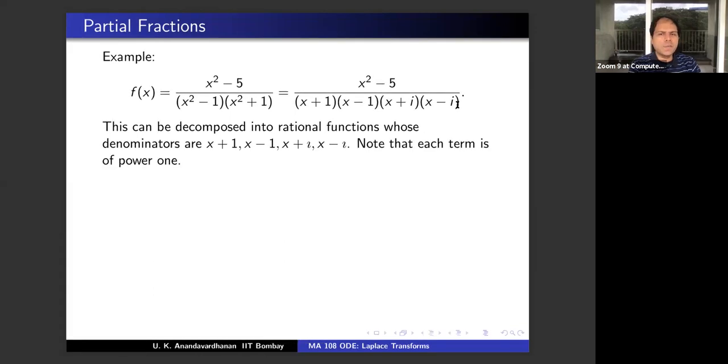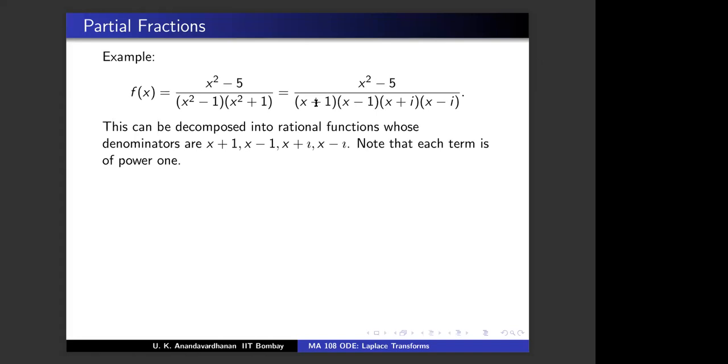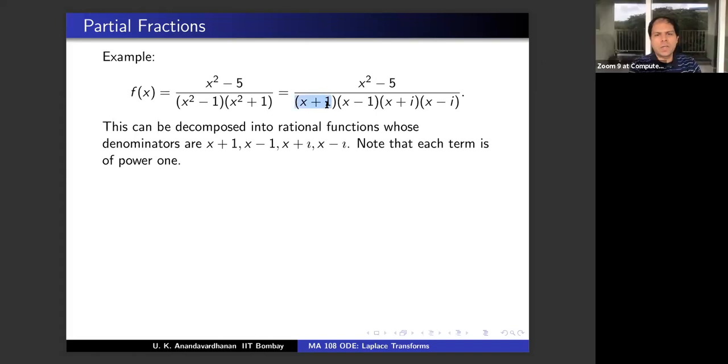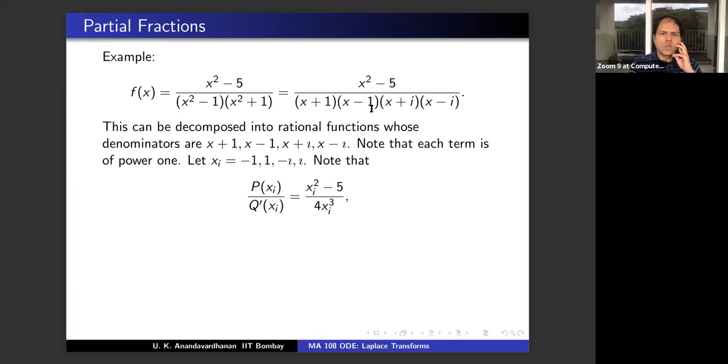Because each term has power 1, this is what I meant by simple root. x plus 1 is a simple root. It's not repeating. In this case, xi is minus 1, plus 1, minus i, plus i. These are the roots. So what you are doing is, you have written p(xi) by q prime(xi), where q(x) is this polynomial.